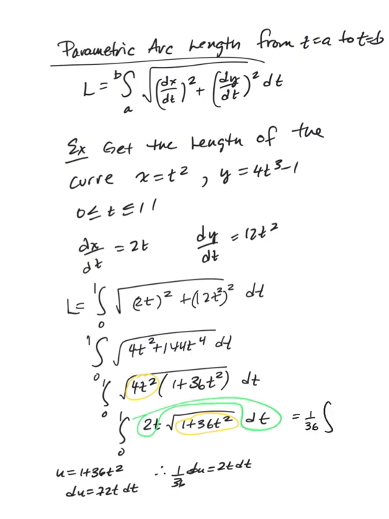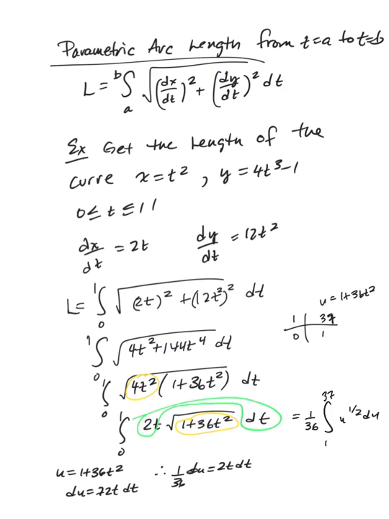You can make a little chart. So I had 0 to 1. And then my u value is 1 plus 36t squared. So when I plug in 0, I get 1. When I plug in 1, I get 37. So now my bounds of integration are going to be 1 to 37, u to the half du.